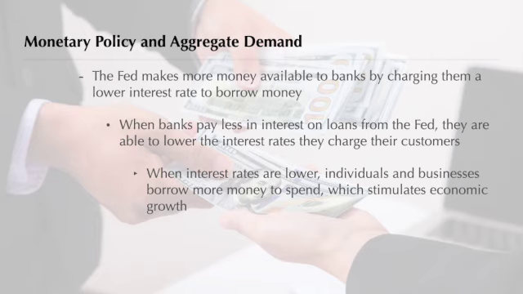Samantha decides that because interest rates are lower, she can afford to borrow money to buy a car. As other consumers make similar decisions, demand for cars increases. Automobile producers hire more workers and provide more cars. These workers have new income and further stimulate aggregate demand.